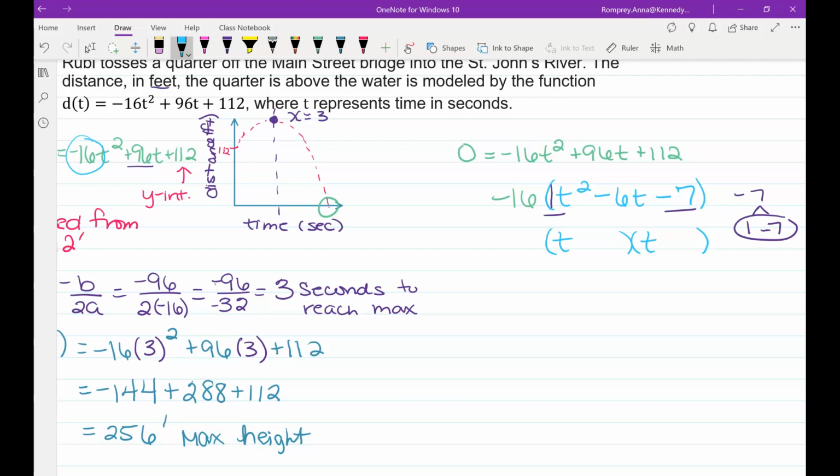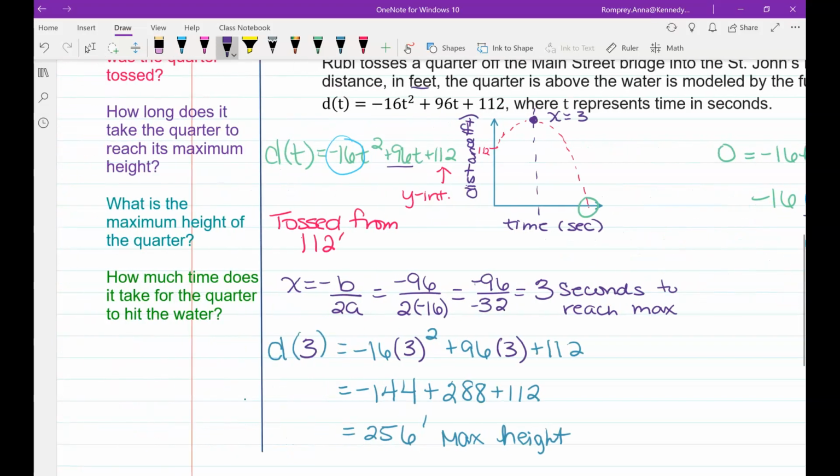And then we already know our factors are positive 1 and negative 7. Done, factored, cool beans. Okay, so what are the solutions? What makes t plus 1 equal to 0? Negative 1. And what makes t minus 7 equal to 0? 7. So my solutions are negative 1 and 7.